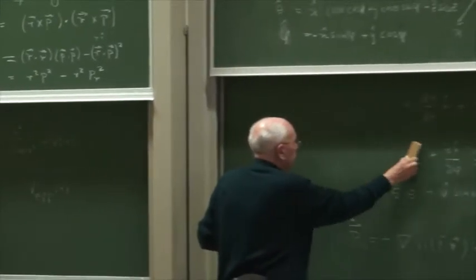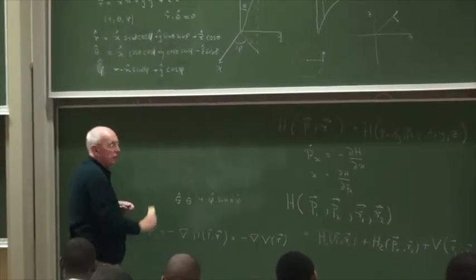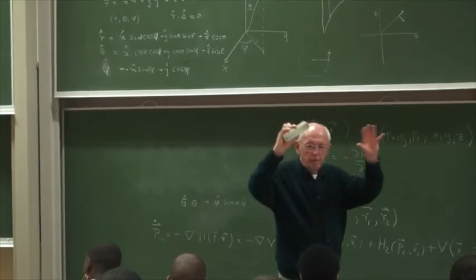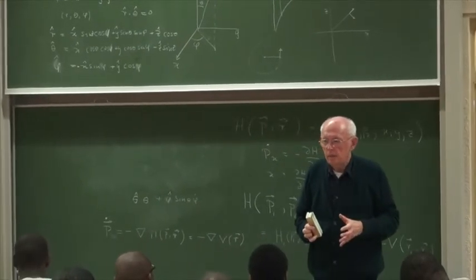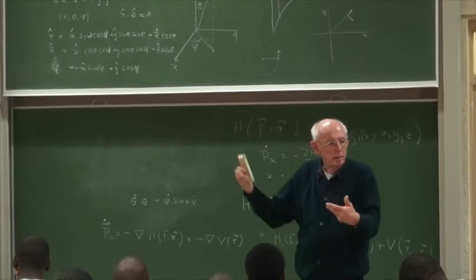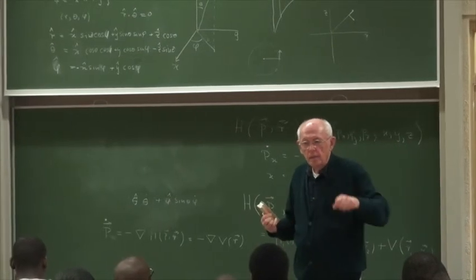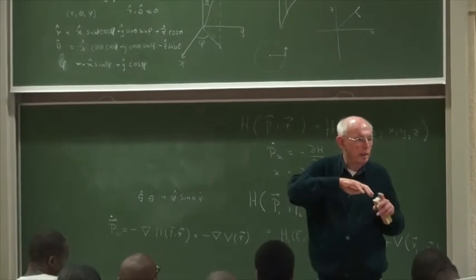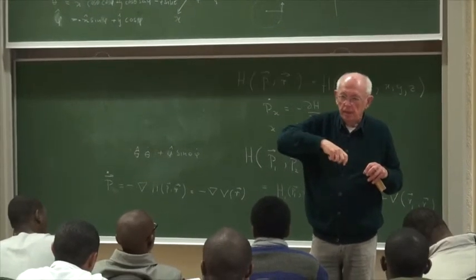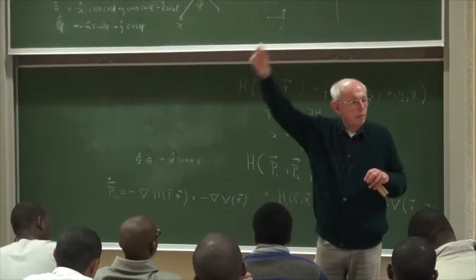And I'm spending some time on this because this is a very general way of solving problems, of finding symmetries, finding the values of those symmetries. Here the symmetry is the angular momentum. The symmetry is actually the fact that the space is symmetric for rotations.